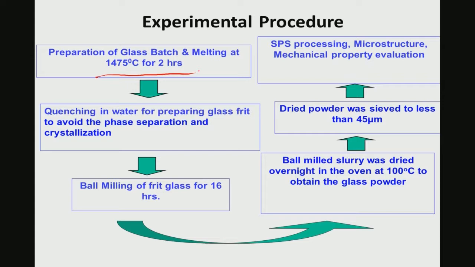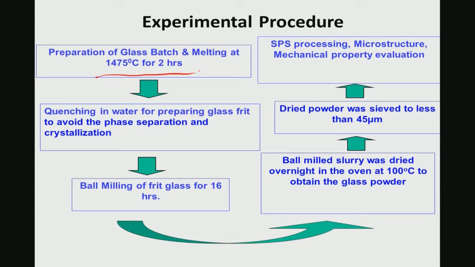Once the glass melt is prepared in a conventional furnace, you can simply quench it to prepare a glass frit, to avoid phase separation and crystallization.